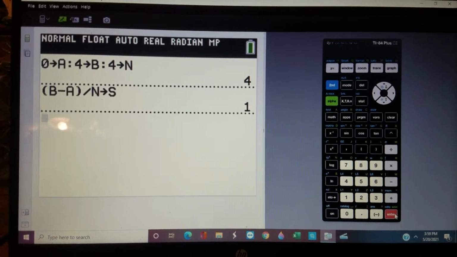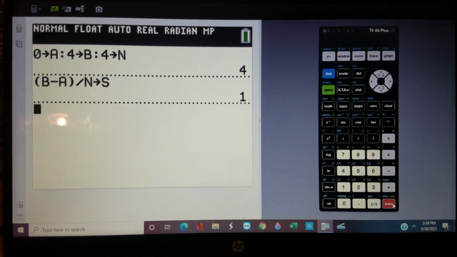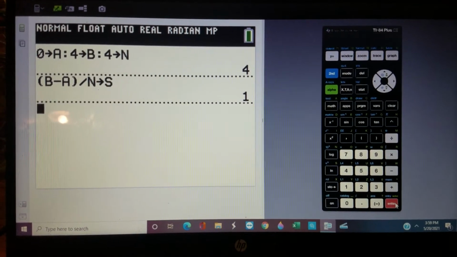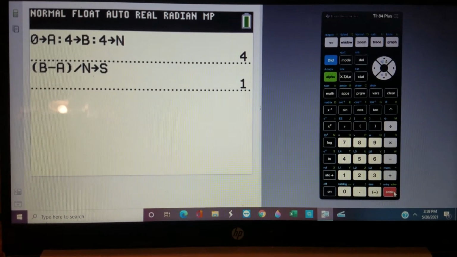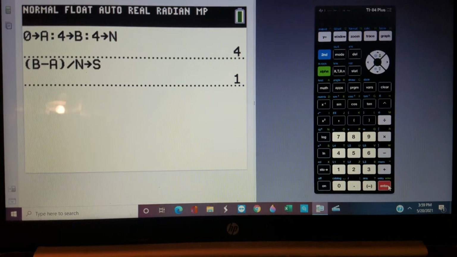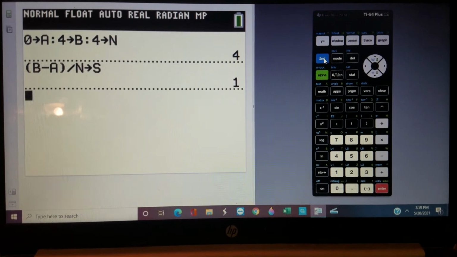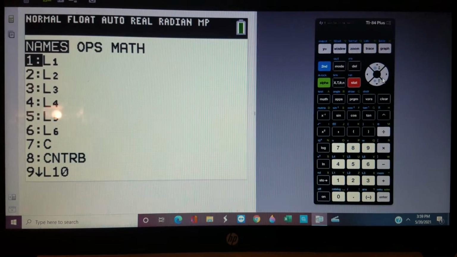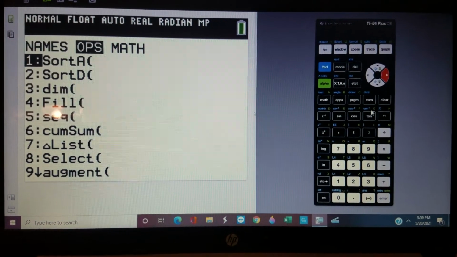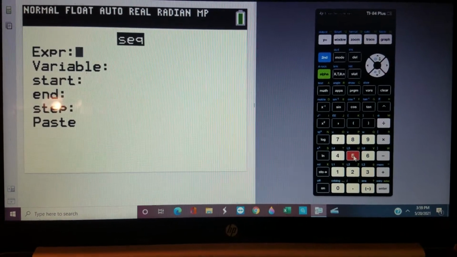Okay, now what I've got to do is determine the heights of my rectangles, and I do that by putting my various x's into my function. And I can do that really with one command. If I go second stat, ops, and then very, very helpful and powerful, the sequence command.